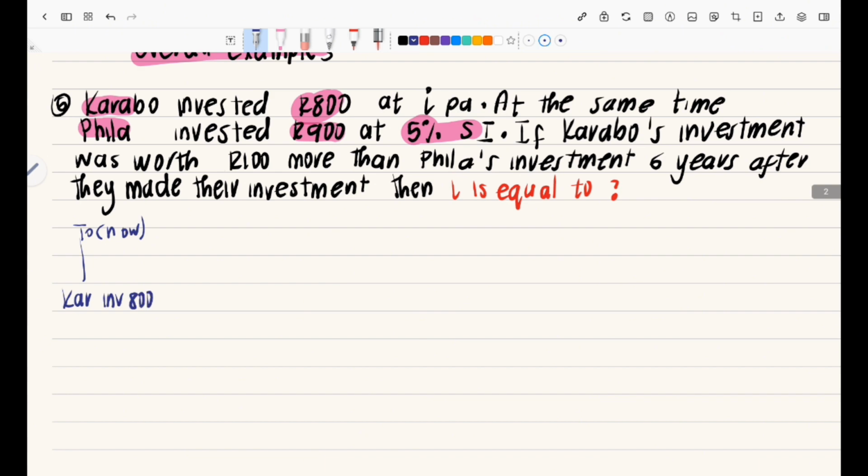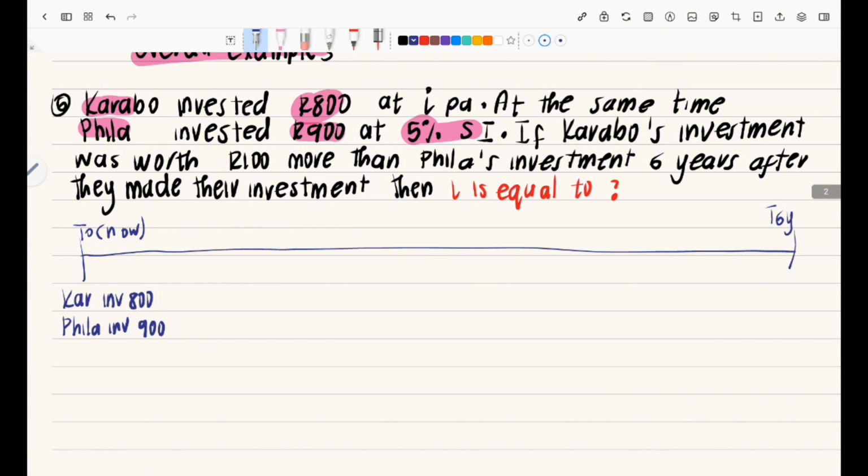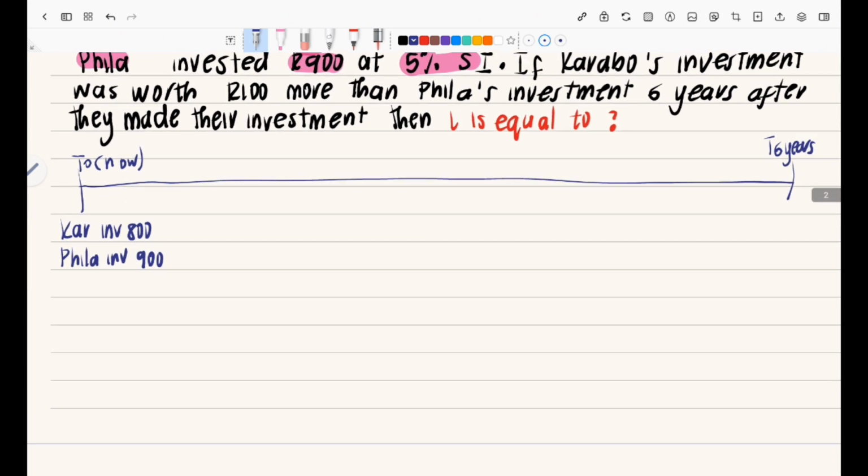At the same time, Pila invested 900 Rand. And then they tell me that after 6 years, meaning at T equals 6 years, Karabo's investment was worth 100 Rand more than Pila's investment.